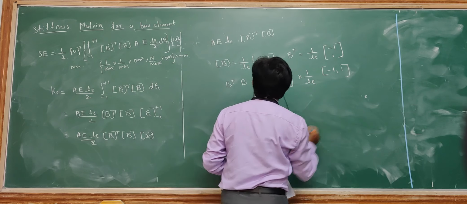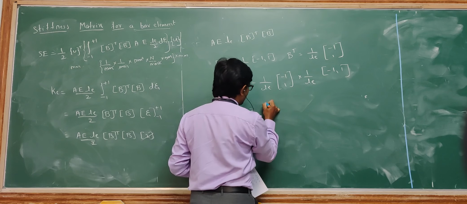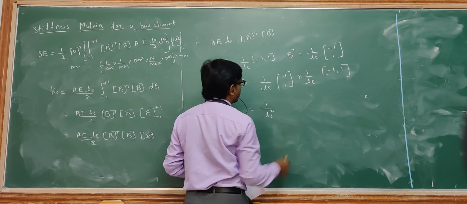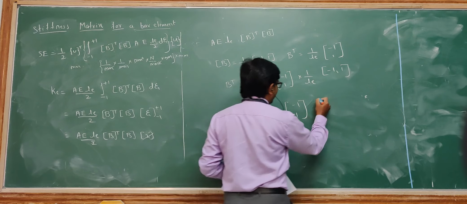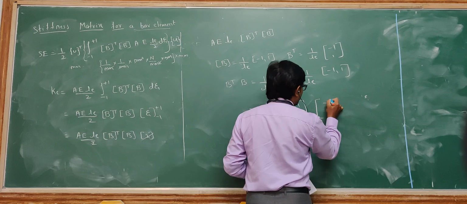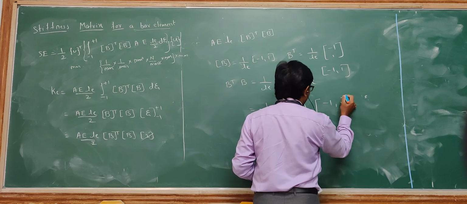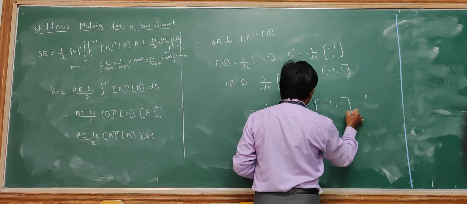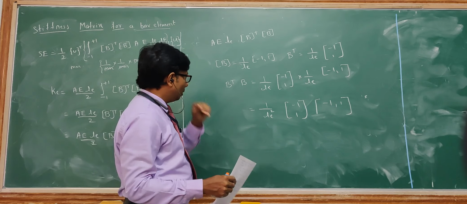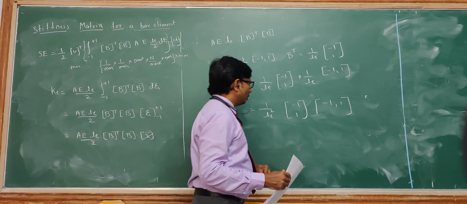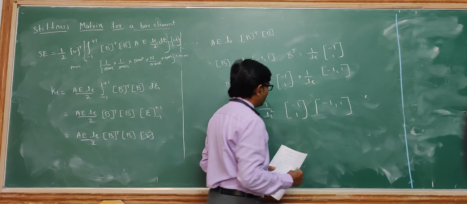How to do the multiplication here? I will show you. Multiplying these two, it becomes 1 by LE square, times the multiplication of the column [-1, 1] and the row [-1, 1]. What will be the size of this matrix?